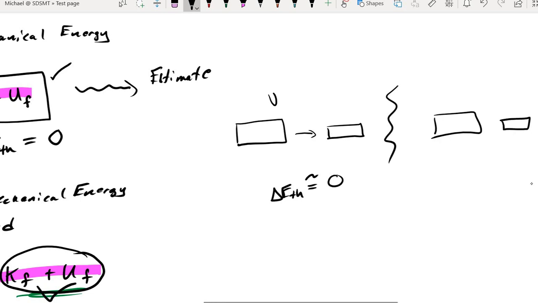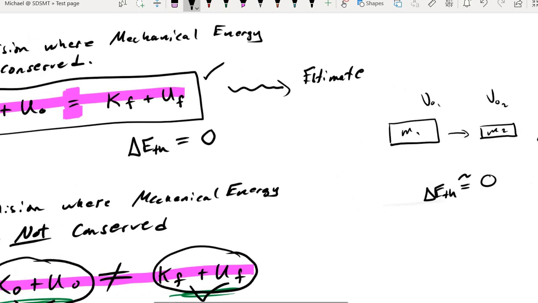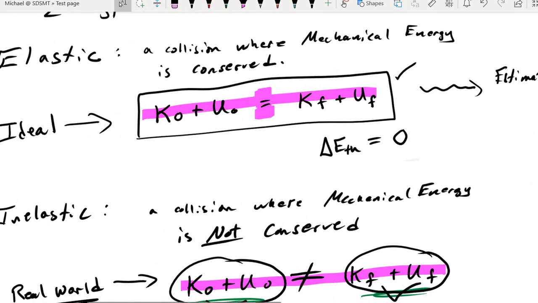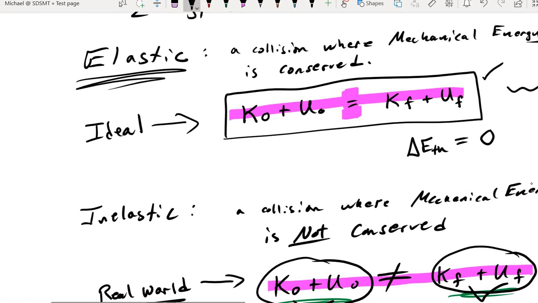So, before we have initial velocity values for our two masses, and after we would have some values. So can we use this equation as an estimate of the system? And the answer is sure. Why not?